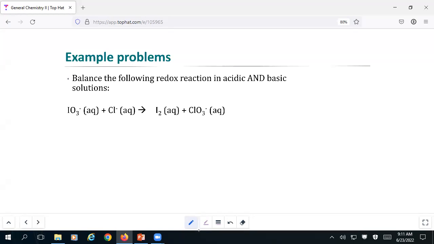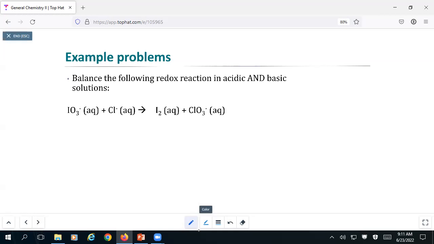All right, so let's take a look at this example problem here where we have to balance the reaction. Now, if we go through our process, the first thing that we should do is split it up into oxidation and reduction half reactions. The only way to identify them from the start would be to assign oxidation numbers.